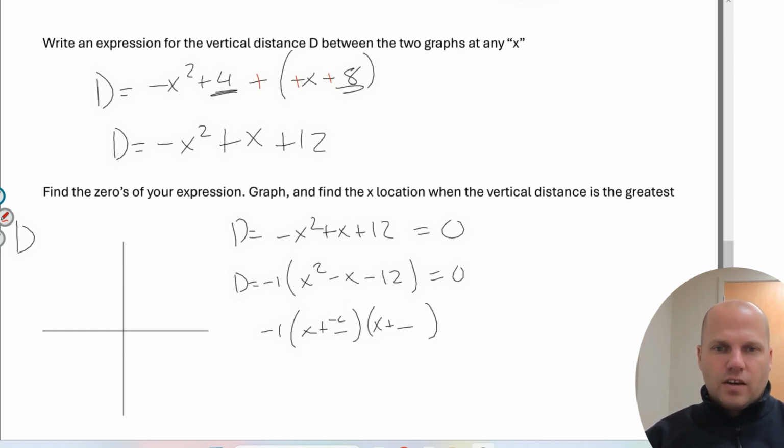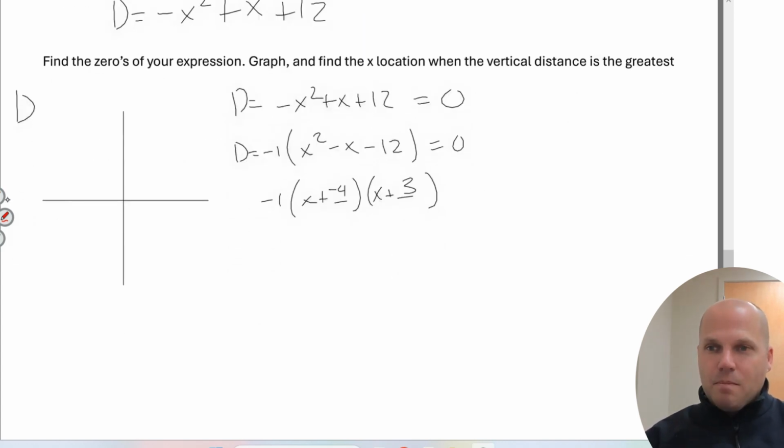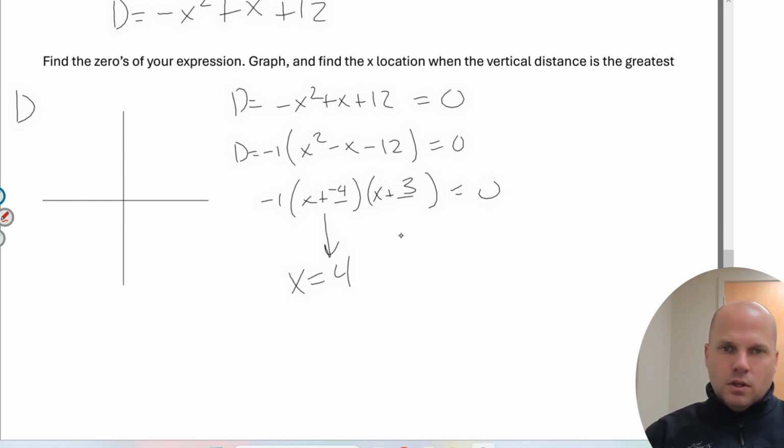The two numbers are negative 4 and positive 3. Okay, that means my zeros are at positive 4. That's when x plus negative 4 equals 0. And negative 3, that's when x plus 3 equals 0. x equals 4, x equals negative 3 are zeros for my distance.